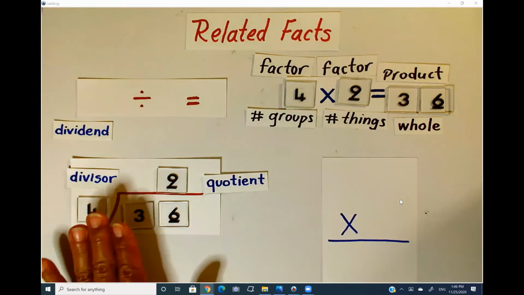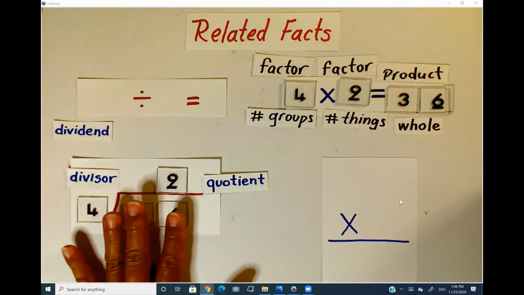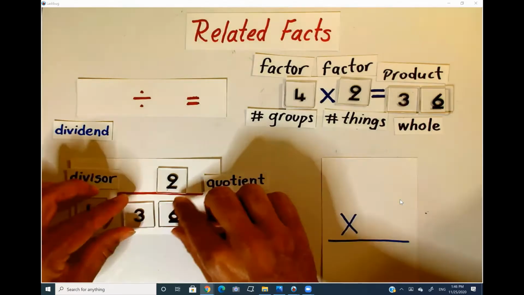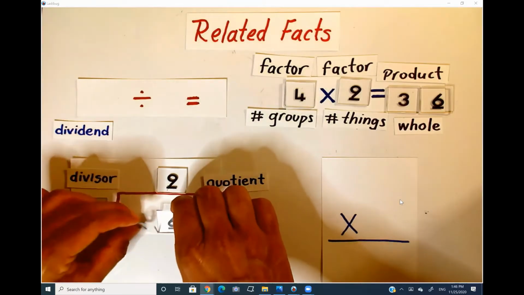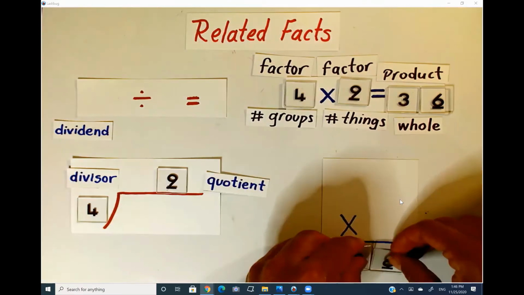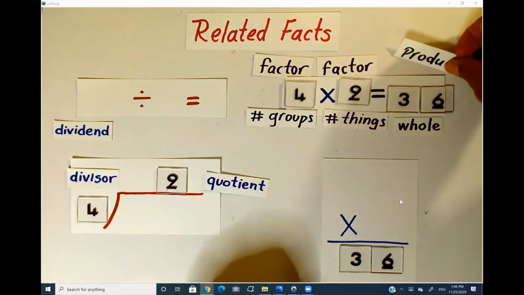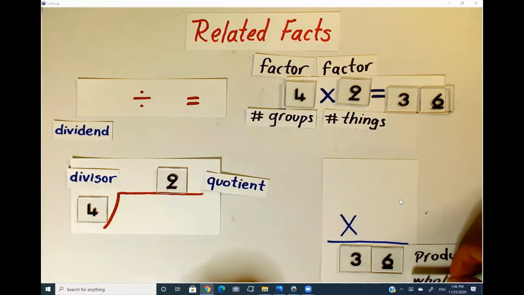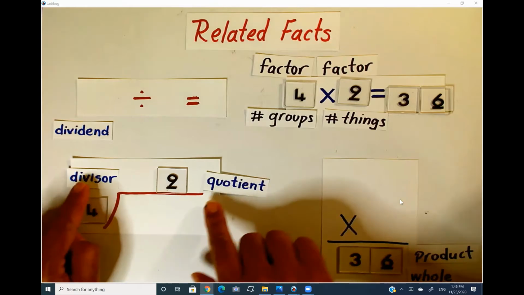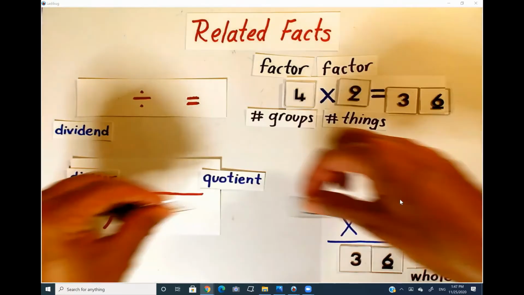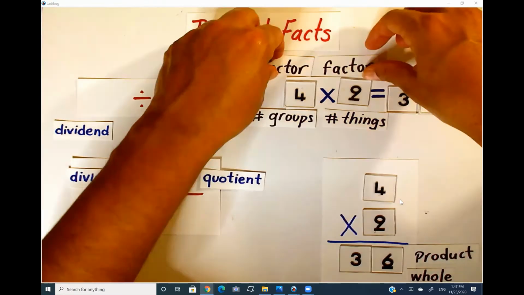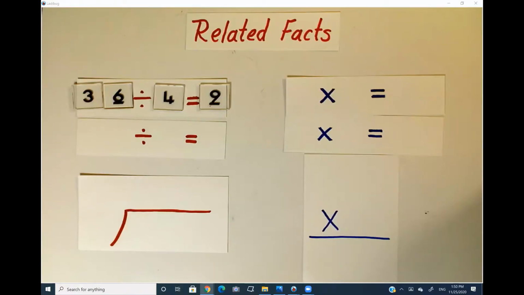Remember, this is the division algorithm, and we do the same. So the 36, which is the whole, goes as the answer, as the product, and represents the whole too. And the same as we said, the divisor and the quotient are going to represent the two factors that we are going to multiply. Let's see all the related facts.